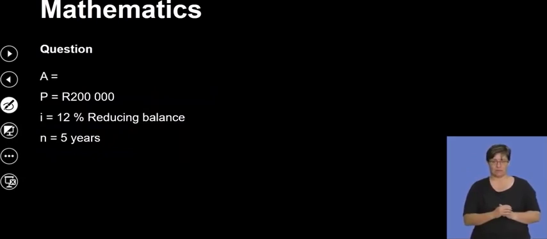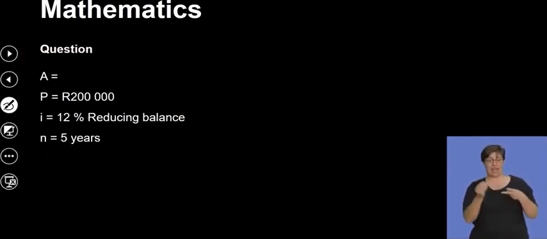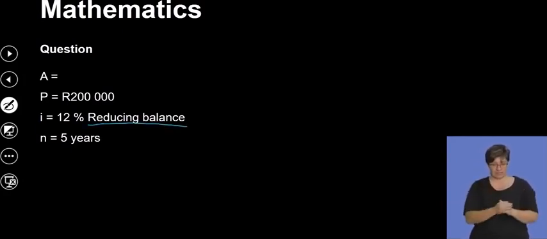Now, these are all the things that I have. The principal amount is 200,000. My interest is 12% on a reducing balance. You specify which method we are using, and this was for 5 years.